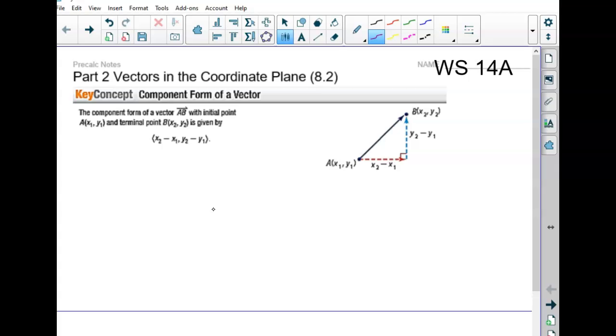This section started by talking about components from ordered pairs, but first let me just revisit what we did yesterday. We talked about that a vector had to have a magnitude, which was either a length or a force or something, and then a direction.